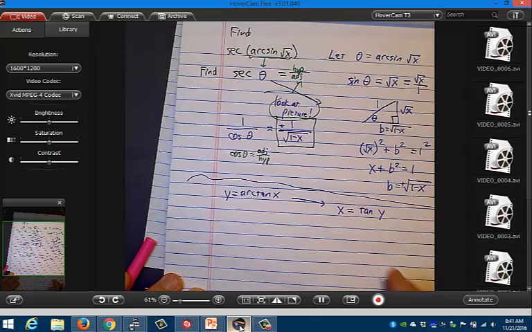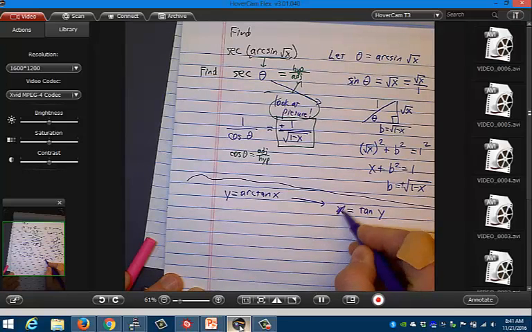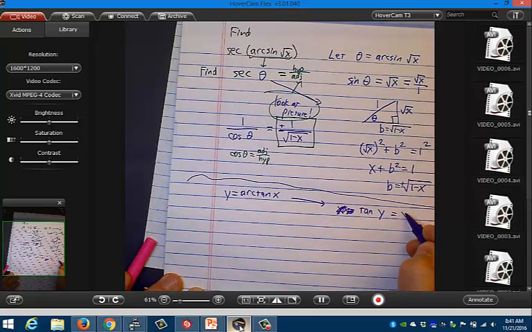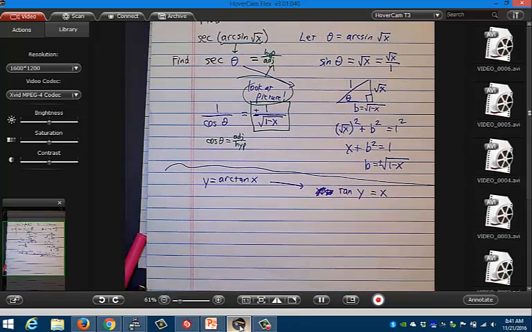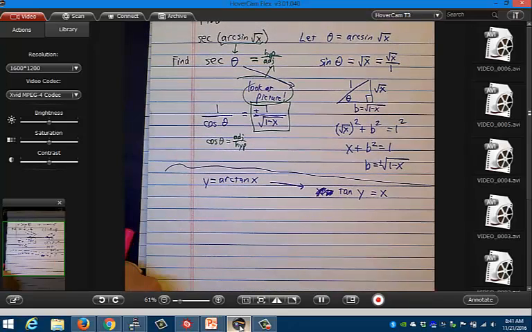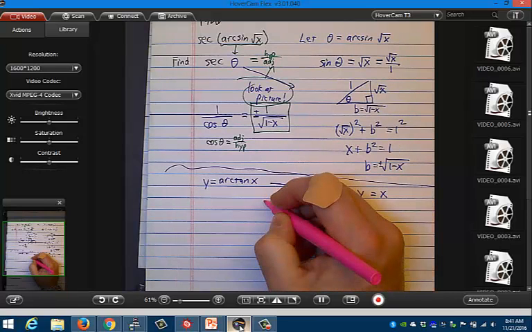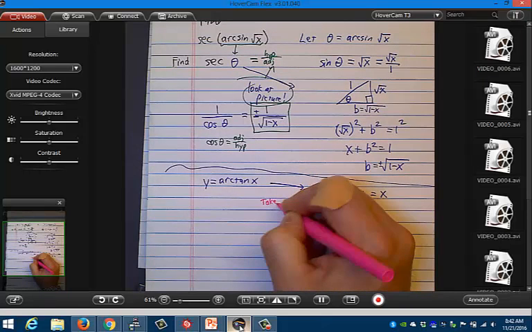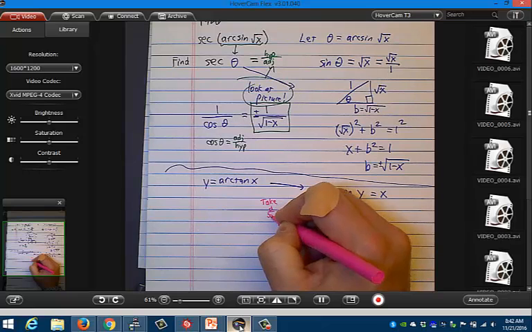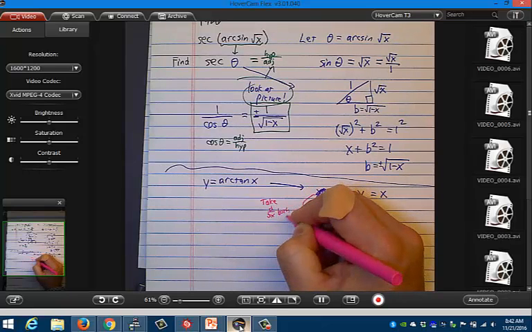I guess you could write it either way. Tangent of y is equal to x. And now, what I'm going to do is a trick we've learned before. It's called implicit differentiation, where I take d dx of both sides.